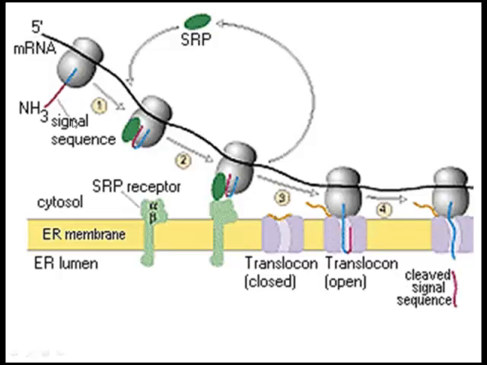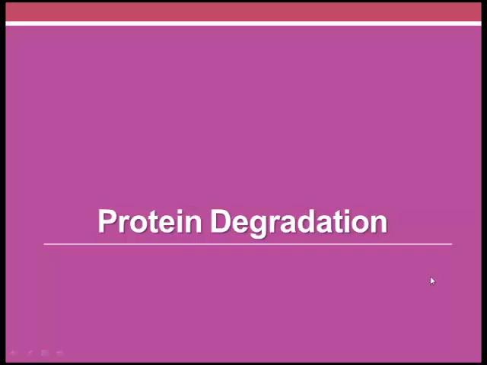This is the signal sequence. Once the peptide is inside the reticulum, this signal sequence will be cleaved. Here, as you can see, it is the one colored in purple, and it is cleaved at this stage as the chain is guided into the cavity of the endoplasmic reticulum.